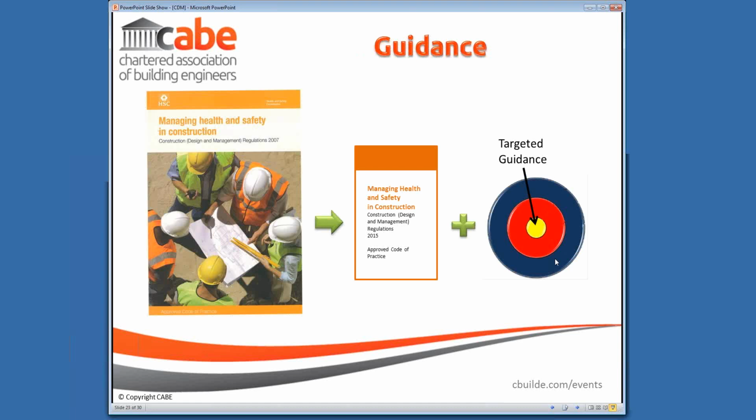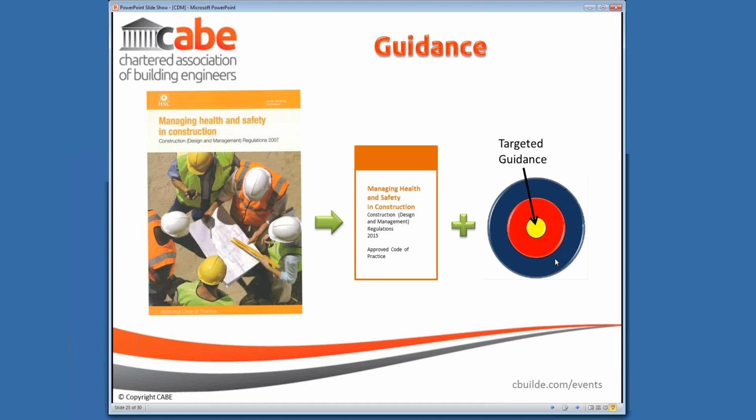But at the same time, the industry is producing some targeted guidance, and this time round the targeted industry guidance will not be focusing on the individual, but focusing on the type of project. So we're expecting to see some guidance come out to deal with domestic extensions and with smaller projects like shop works and stuff like that. So it will be more targeted, relating to the type of project.